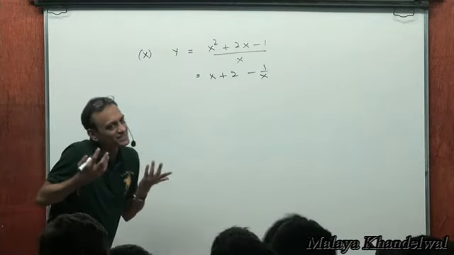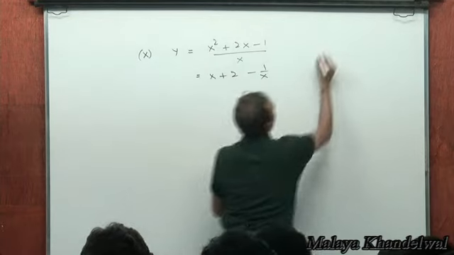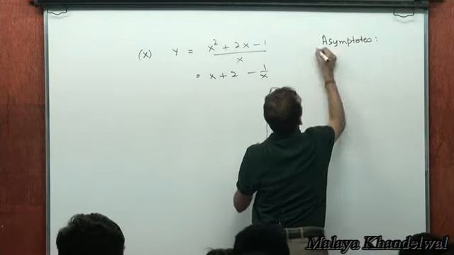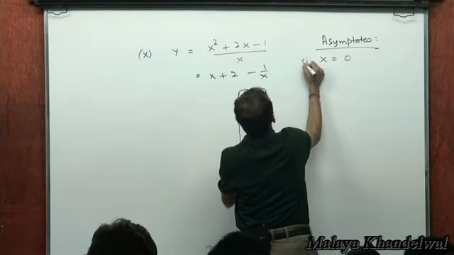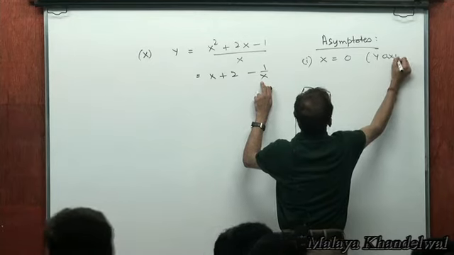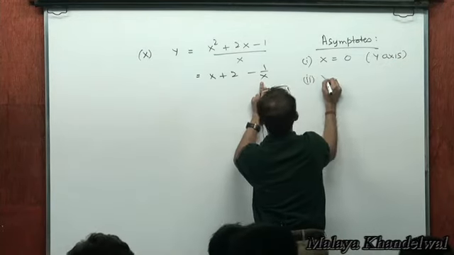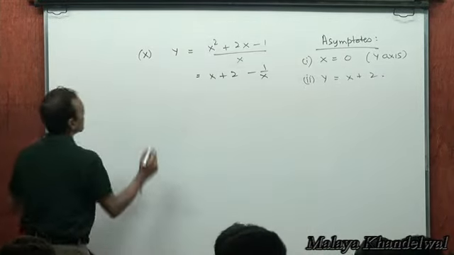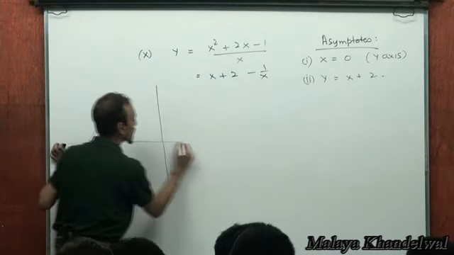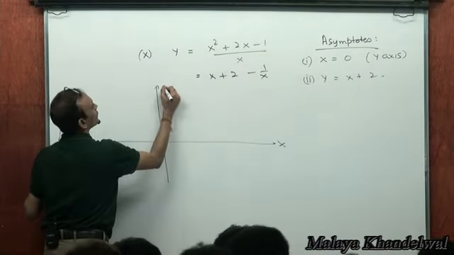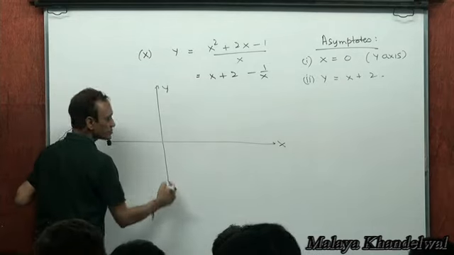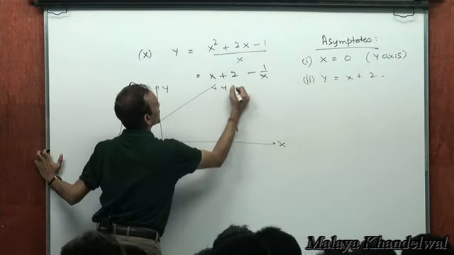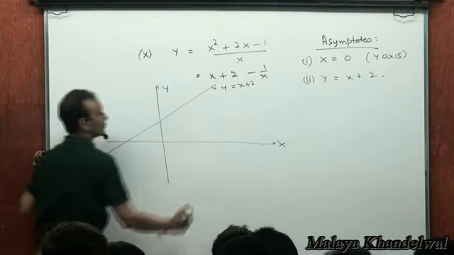That means the y-axis is an asymptote, and the other one, y equal to x plus 2, is an inclined asymptote. So let me first draw the asymptotes. The y-axis, which we anyway have to draw. This is an asymptote. Y equal to x plus 2 is this line.